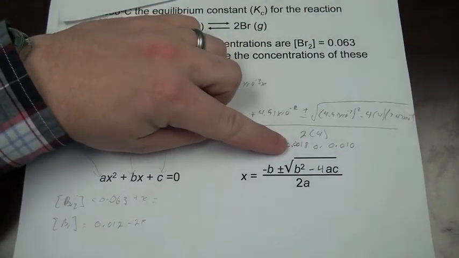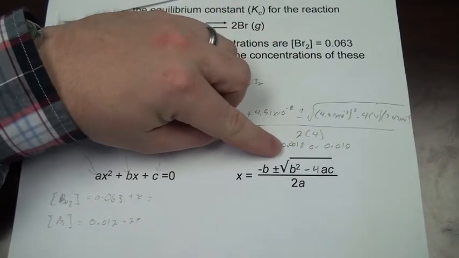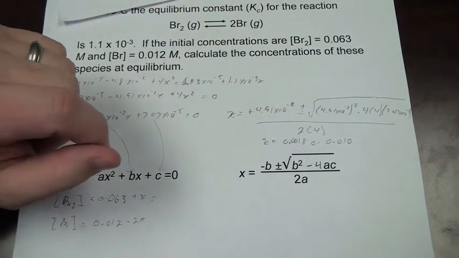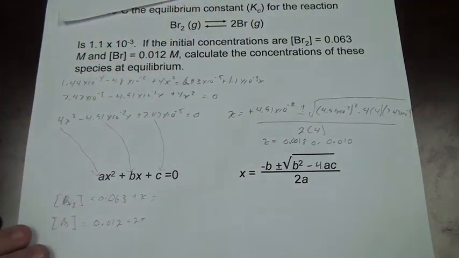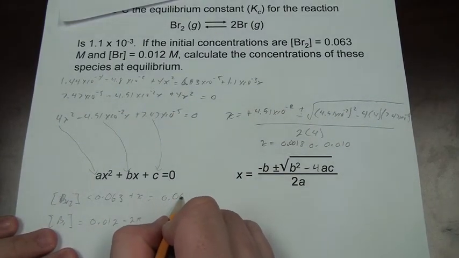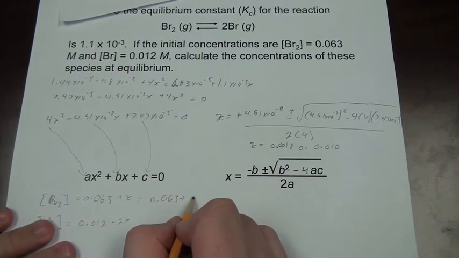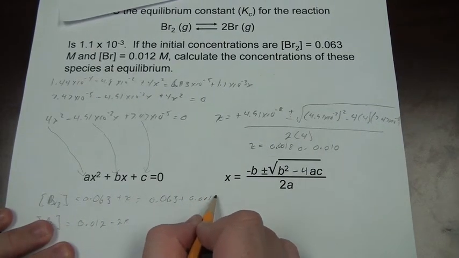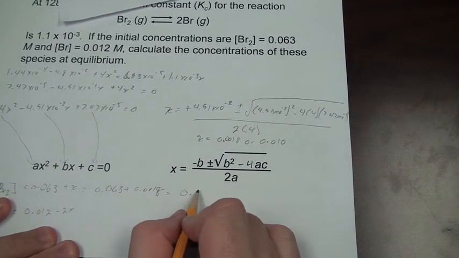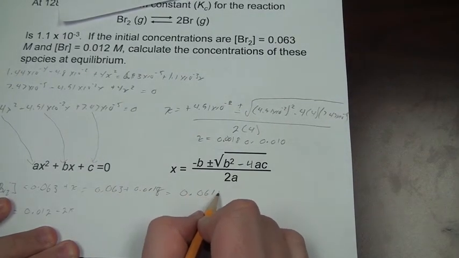So if we put this one in, we'll solve for it, and then we would solve for this one. One of them is going to give us something that doesn't make sense. So if we do the first one first, we're going to get 0.063 plus 0.0018 gives us a concentration of 0.061 molar.